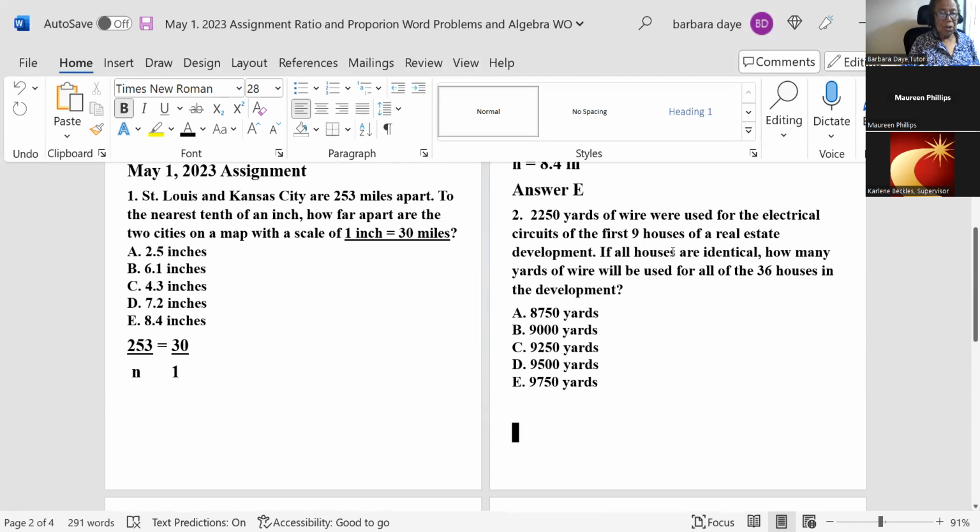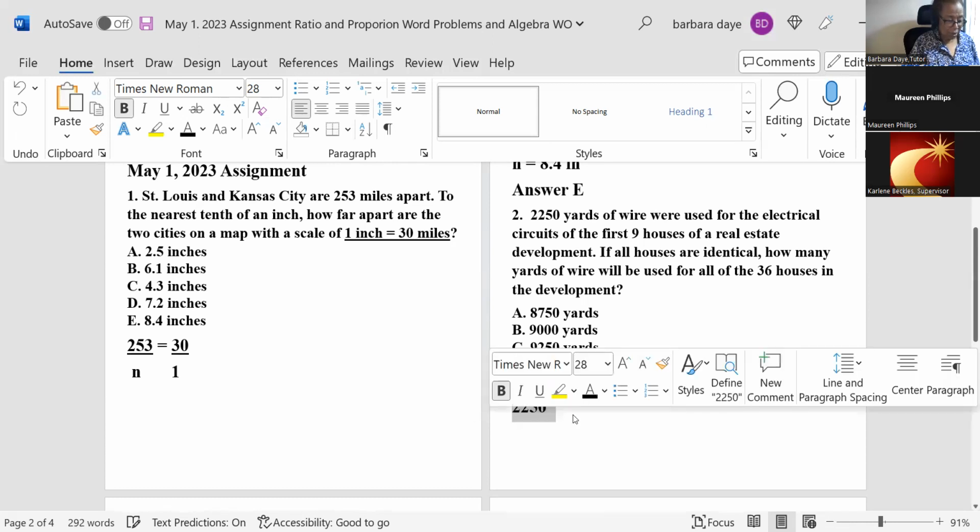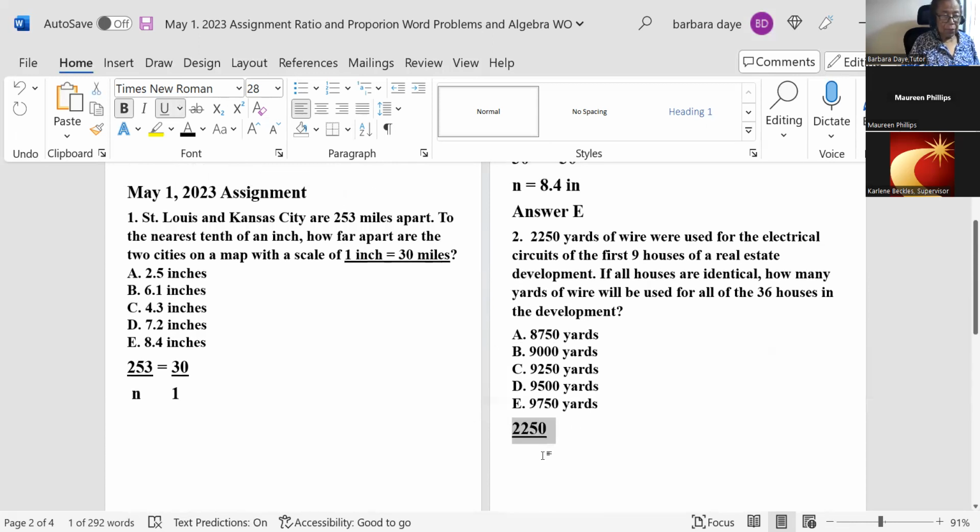You want to know, if the houses are identical, for 36 houses how many yards you would need. Let's set it up: 2250 divided by 9, right? That's one of our ratios. And what's that equal to, Maureen?